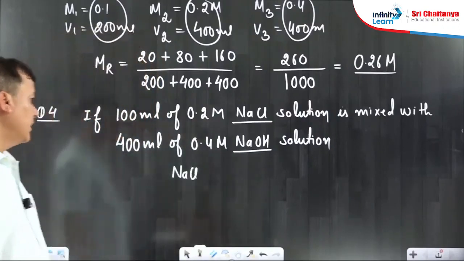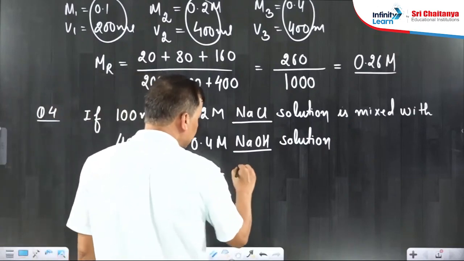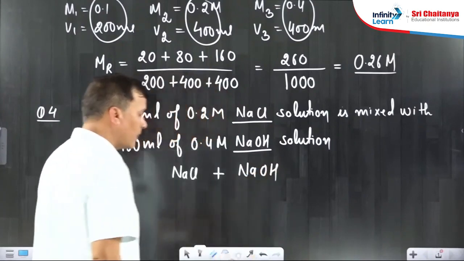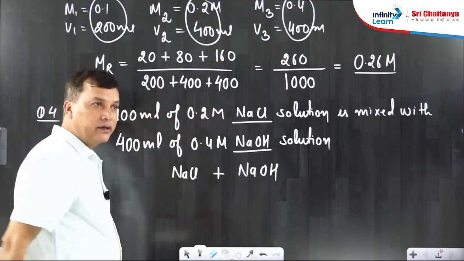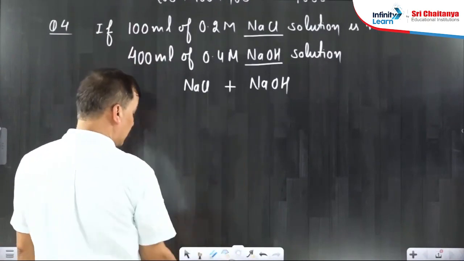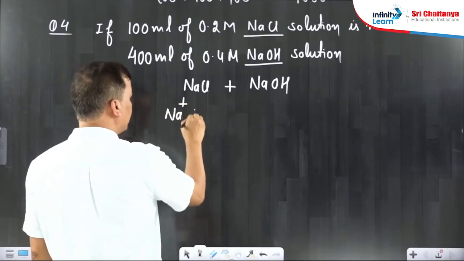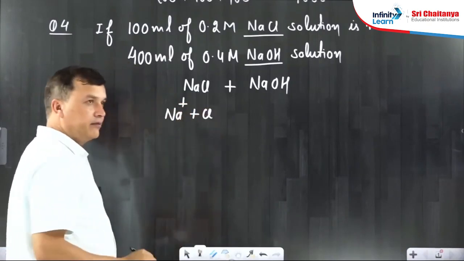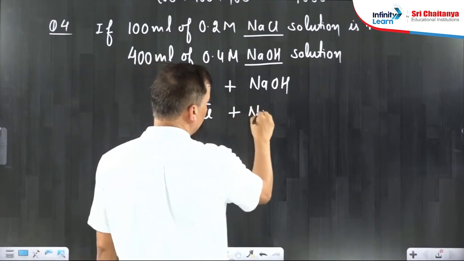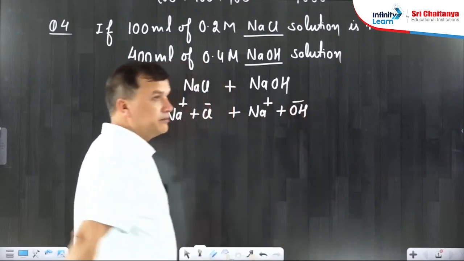So my dear friend, what I'm telling you here is NaCl plus, the second one is which one? NaOH. Now when they are mixed to each other, addition of which ion will take place? You will write Na positive plus Cl negative, and they are added with Na positive plus OH negative.